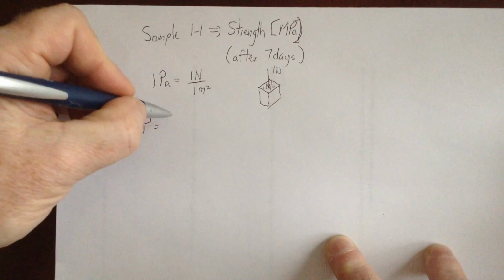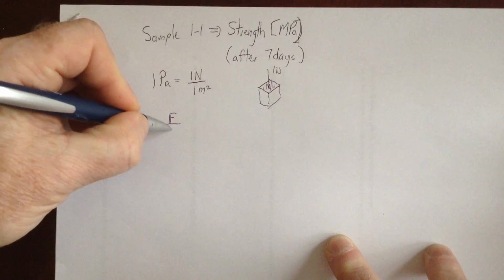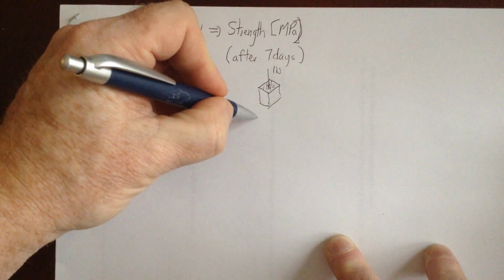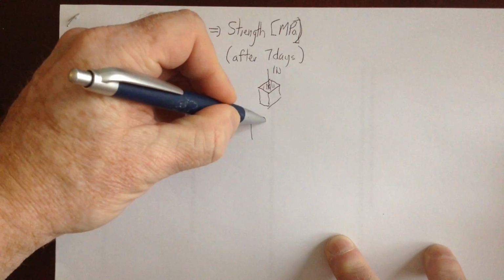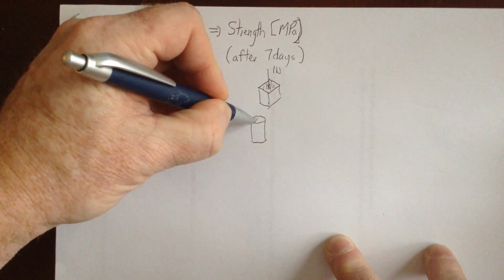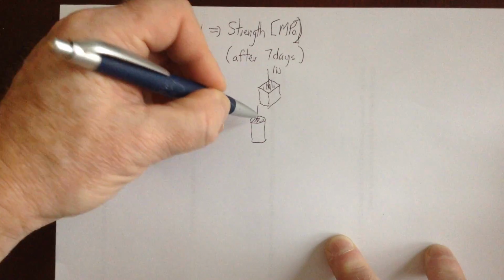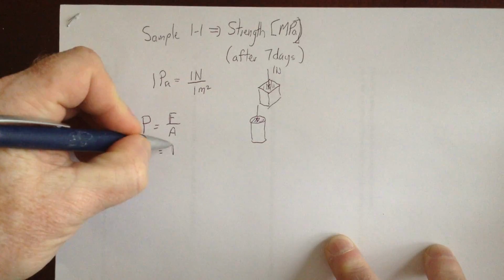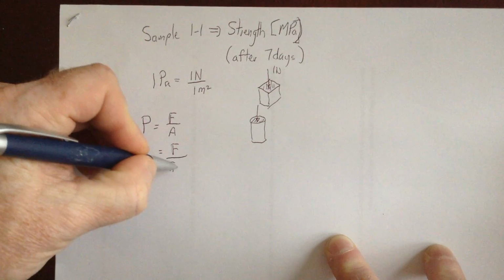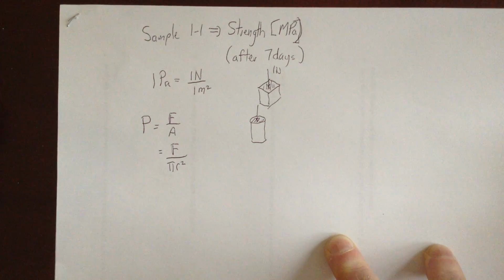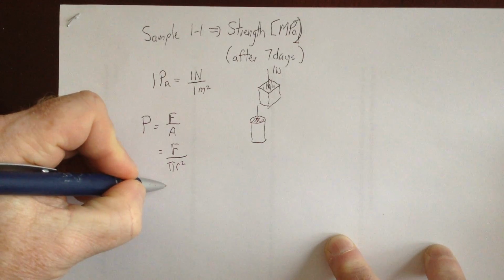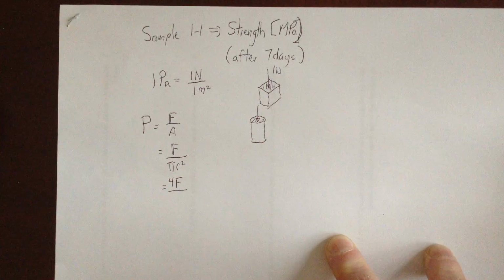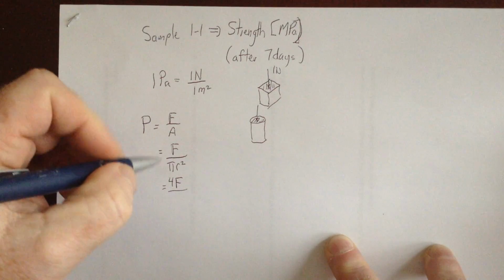So the pressure is equal to the force divided by the area. And in our case, we have a cylinder, and the area that the force is being distributed upon, we're loading it axially, is the area of that circle. So that's going to be the force divided by pi r squared. And as we did in the last example, we measured the diameter, so we want to get this in terms of the diameter.